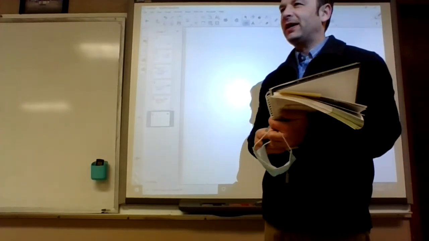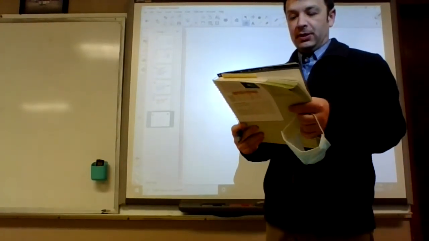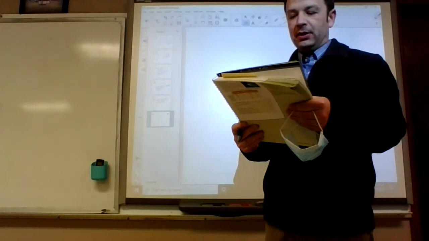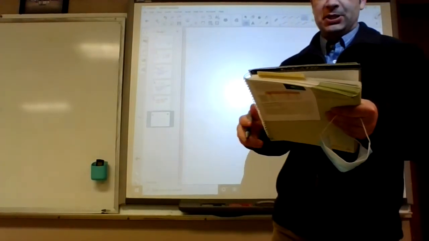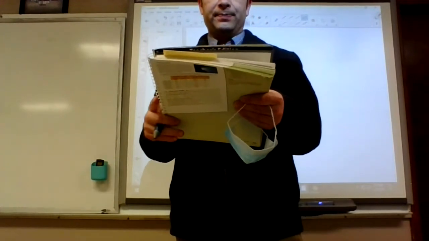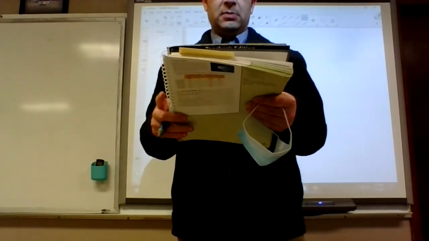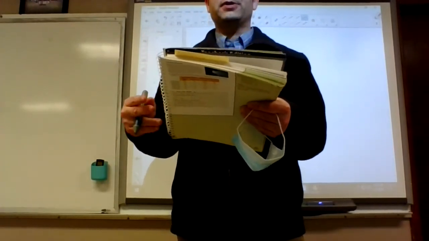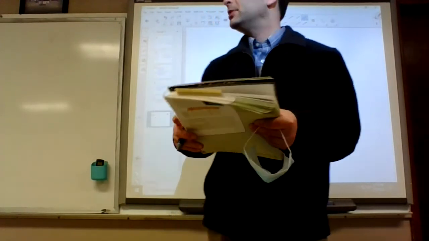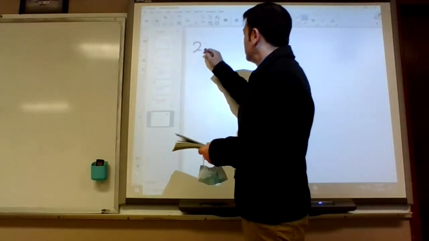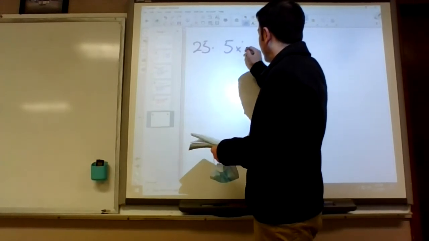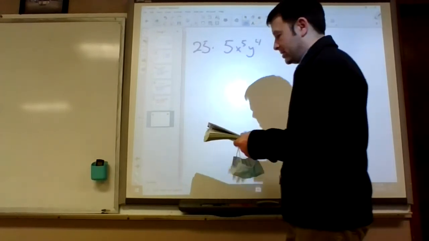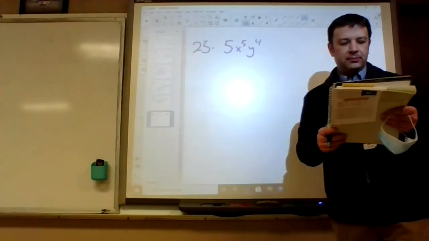Okay, can we simplify the first term? 5x^5 y^4. Can we do anything to that? No, nothing multiplies together in that. How about the second term?